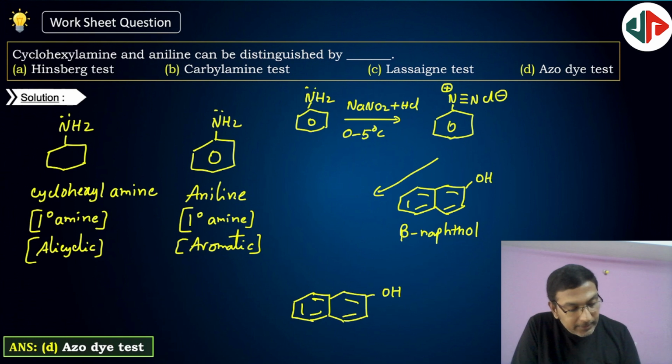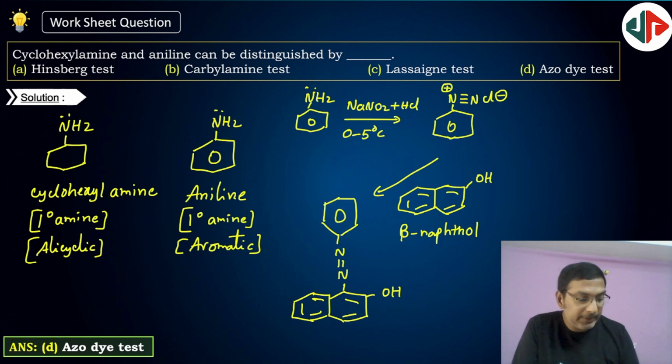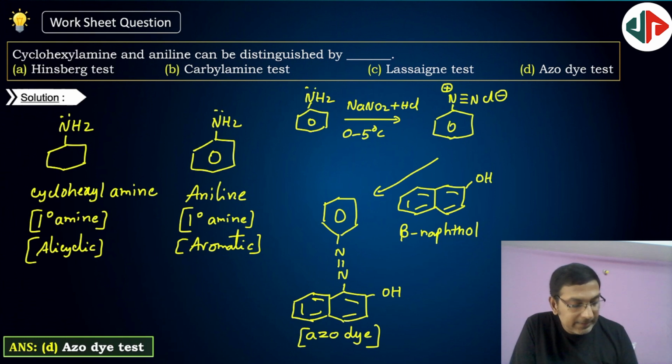Here OH and here the diazonium compound will be substituted. So this is an azo dye, which is a red colored dye.